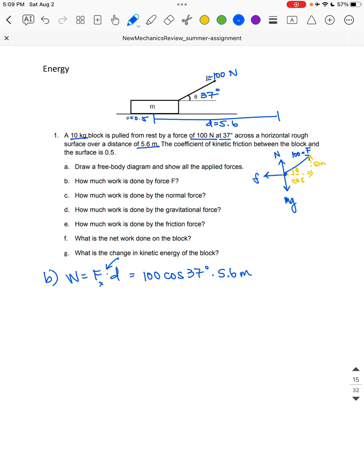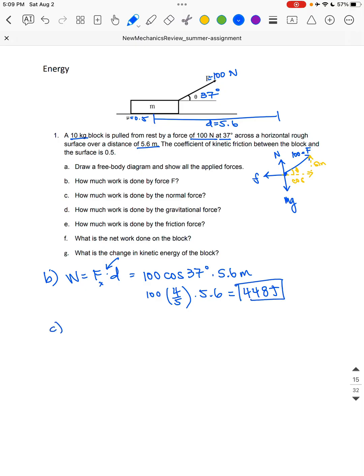Cosine of 37 is in your equation sheet. It's 4/5. So we can simplify that down into nice numbers. If I multiply everything out, I get 80 times 5.6, which is 448. And work is in units of joules.